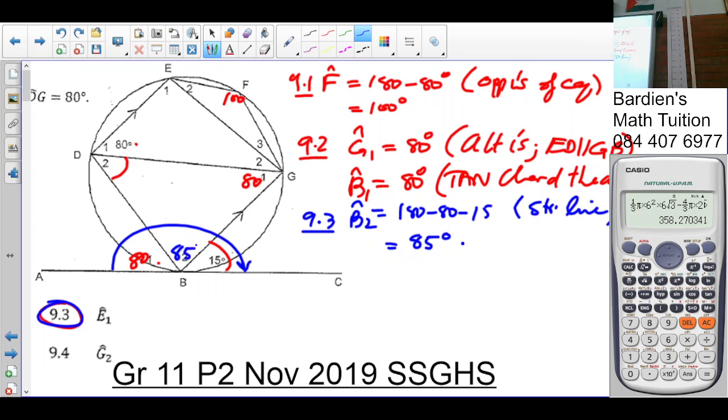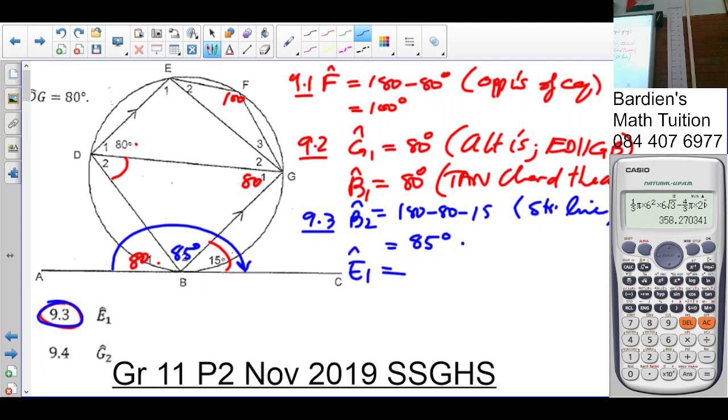What you notice, I'm populating this diagram. Everything I've calculated, I'm adding to the diagram all the time. So at one glance you can see what is calculated and what is known at that point in the diagram. Then I wanted to calculate G2. No, I didn't calculate E1 yet, sorry.